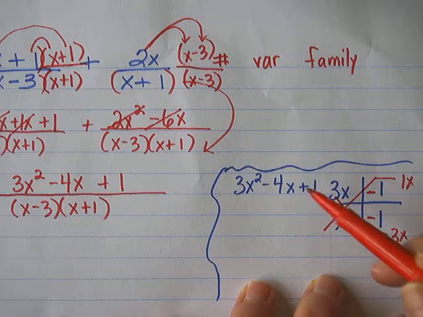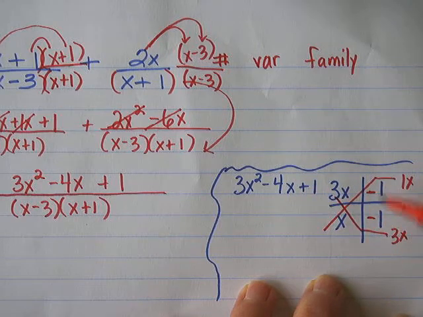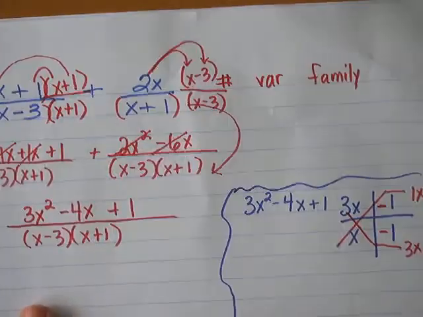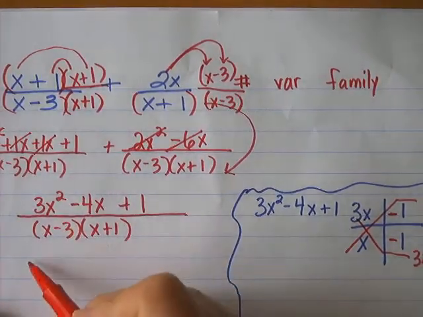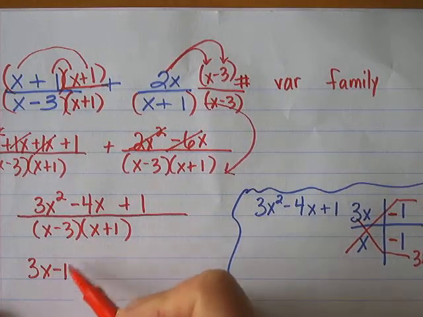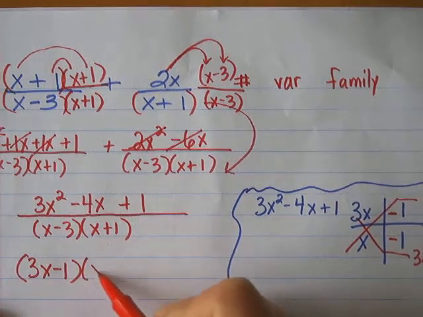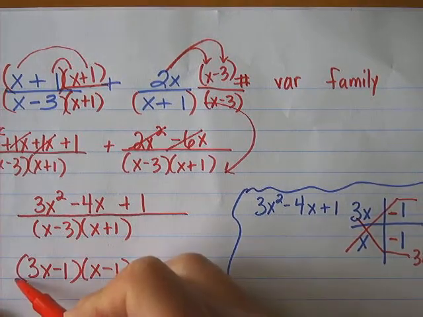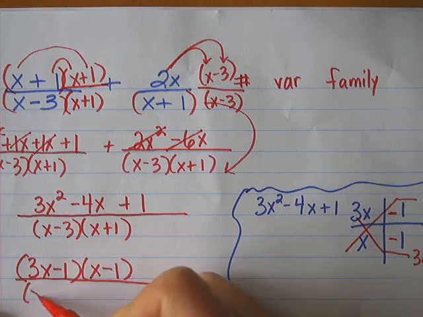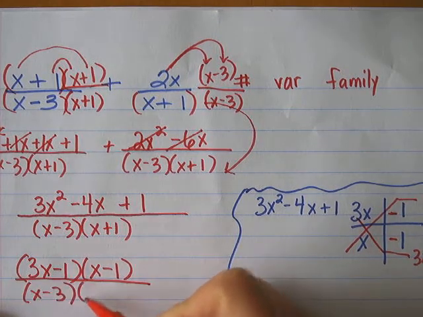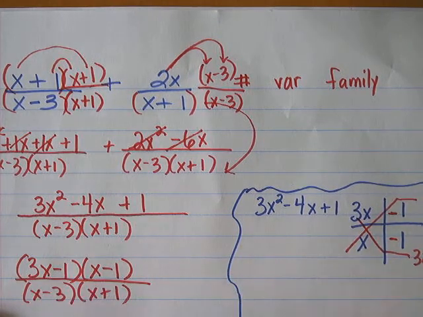Now, does that work with a positive 1 when I multiply lasts again? Ooh, it does. Okay, so I'm going to write that answer over here. This numerator factors as 3x minus 1 times x minus 1, divided by x minus 3 times x plus 1.